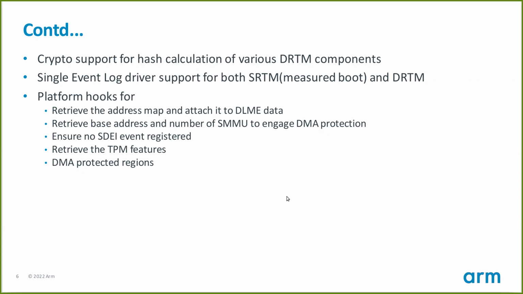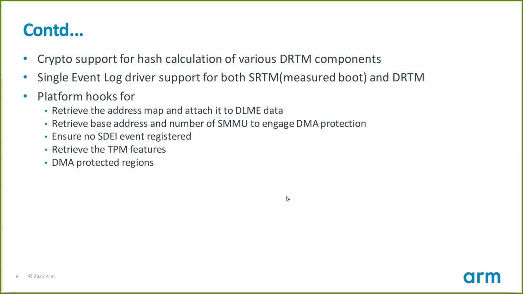Also ensuring that no SDEI events are registered before DLME launch, DRTM launch. We also have a platform hook to retrieve the TPM features and to find the DMA protected regions.